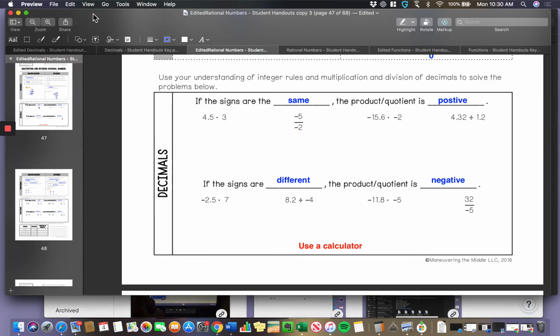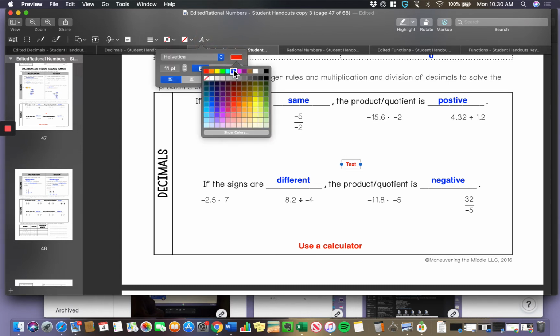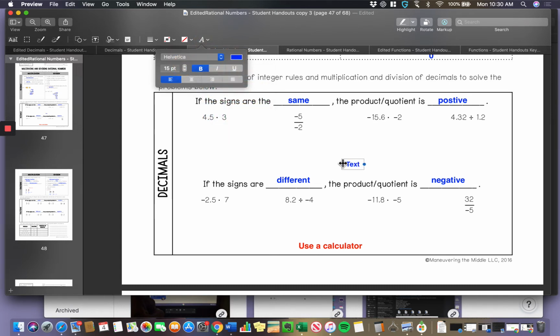So there's your answer for that one right there. And as you can see, it is positive.